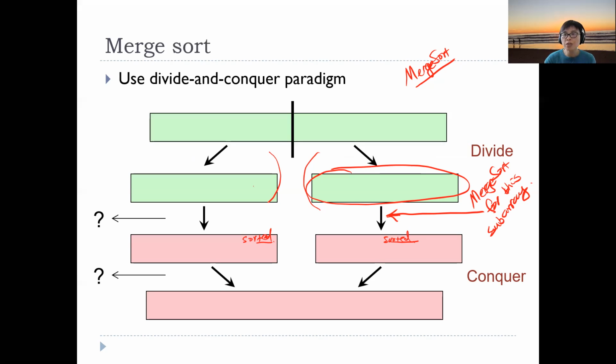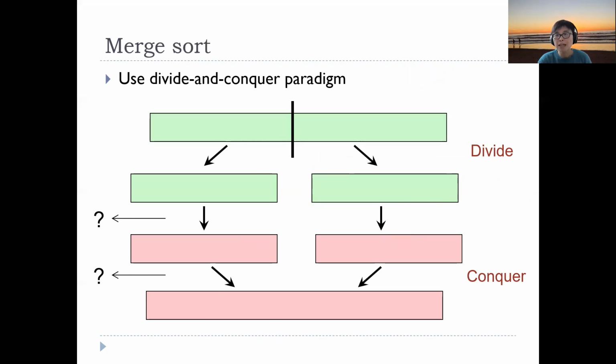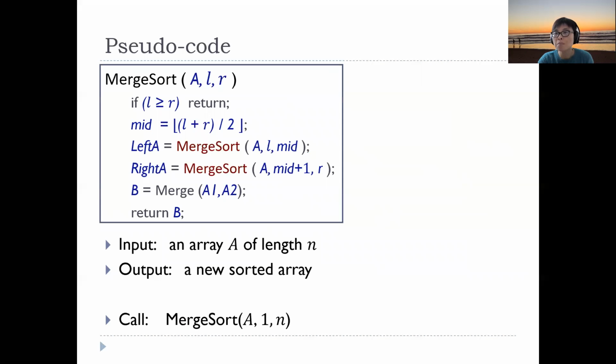Okay, but I still need to tell you how we now do the conquer step. For that, let's first assume that it can be done by a procedure called merge. Then here is a complete algorithm. What do we have?